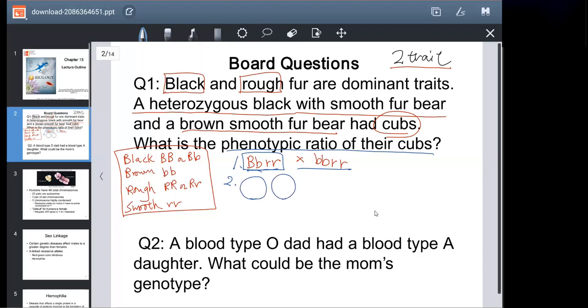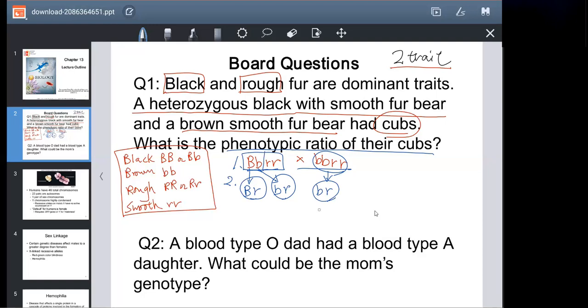The law of segregation says alleles of the same gene separate. The law of independent assortment says different traits, fur color or roughness, are inherited independently. That means I can be little r or big R, but in this case, there's only little r. So I only generate these two. What about this individual? What kind of gametes does it generate? Well, there's only one kind.